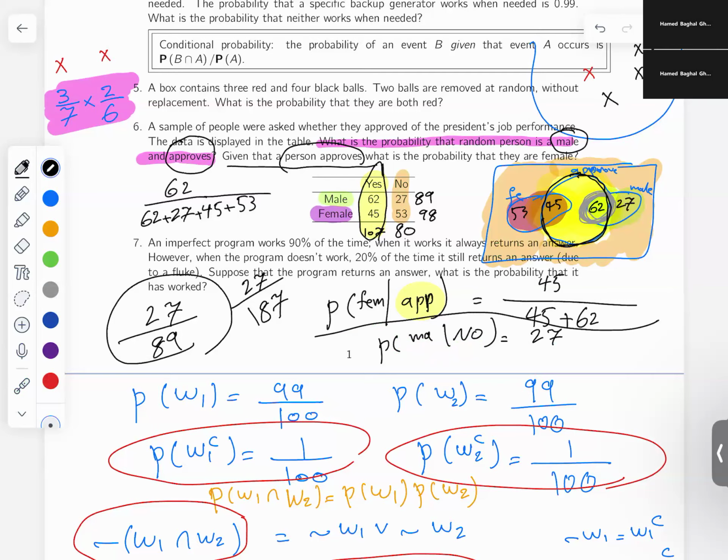Total of male. Disapprovers. Disapprovers 80. Do we have such a word? Disapprovers. Yeah. Unapprover, disapprover, non-approver.